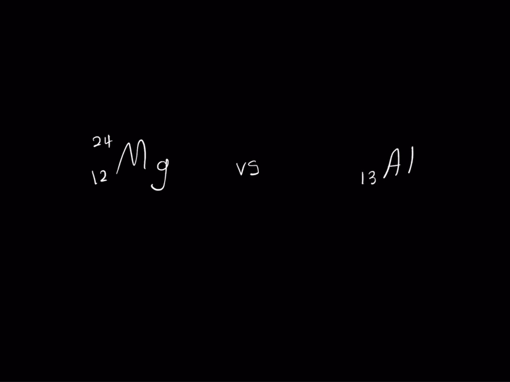Are these two examples isotopes of one another? The answer is no. The reason is that the atomic number, which is always on the bottom, is different. If the atomic number is ever different, that means they're not going to be isotopes.